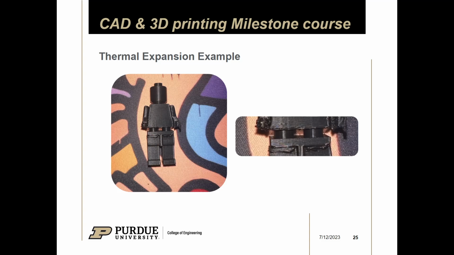They're slightly bigger, and when they went to assemble the Lego man, the torso didn't go all the way onto the legs. Sometimes this is a trial and error thing, because from this data you can change the diameter slightly, and then when you print it out, it's the right size. Yeah.